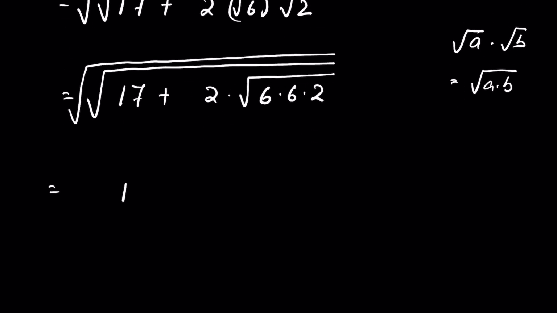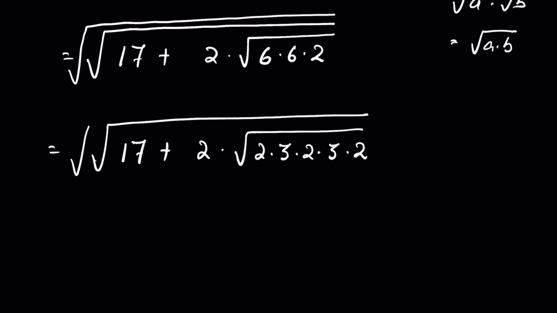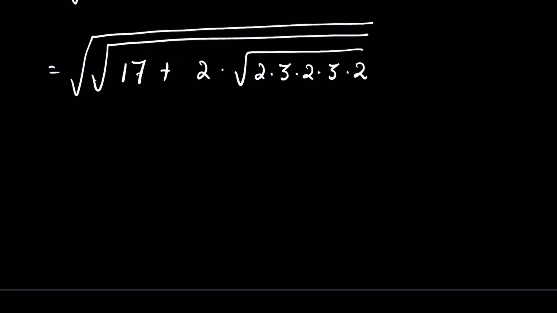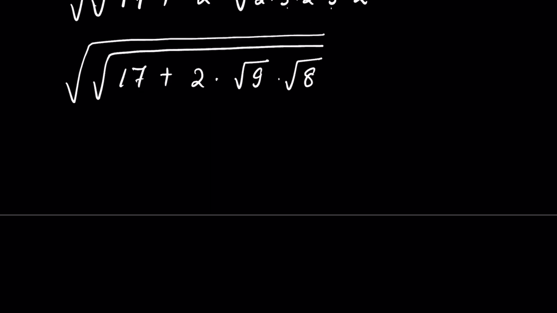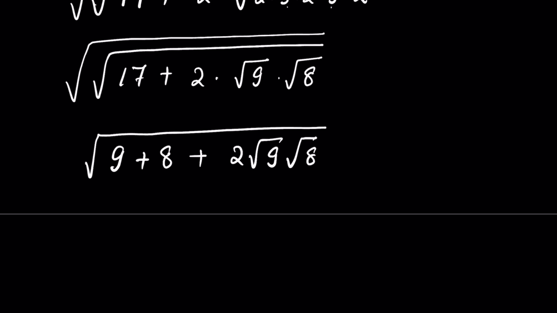Or 17 plus 2 times, 6 is 2 times 3, then times 2 under the square root, or 17 plus 2 times the square root of 9 times the square root of 8 under the square root, then under a square root. Again, 17 we can write as 9 plus 8 plus 2 times the square root of 9 times the square root of 8, under the square root.